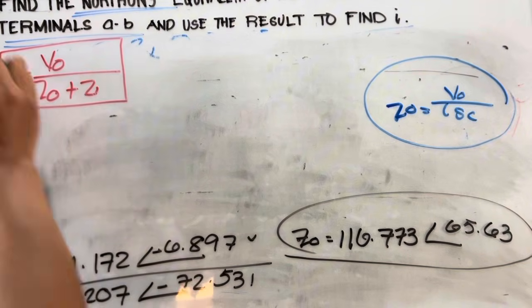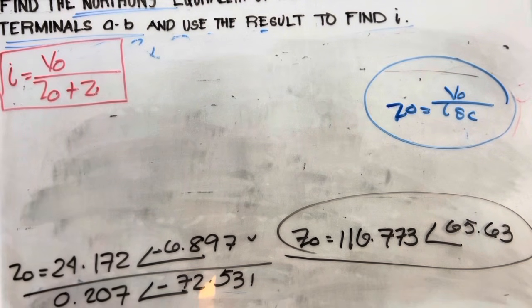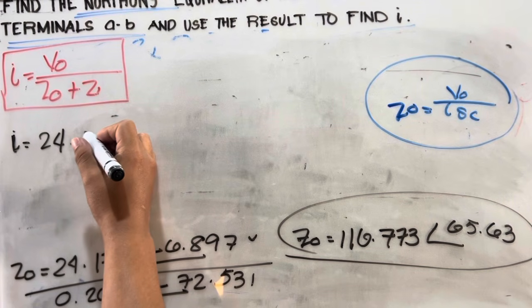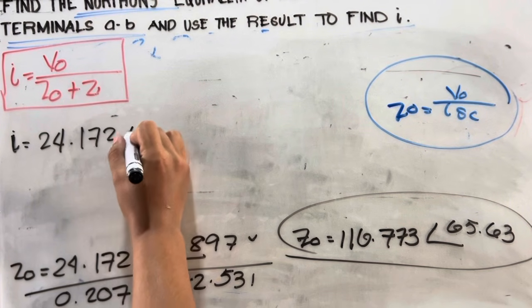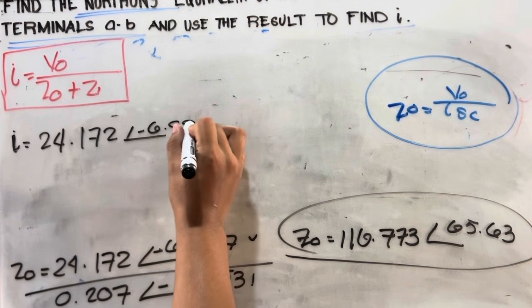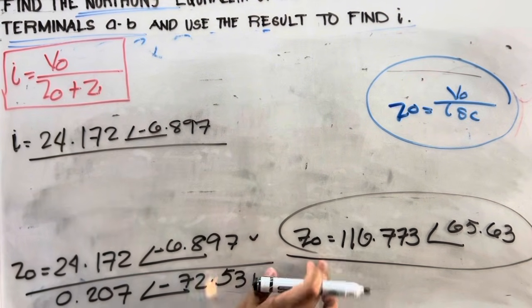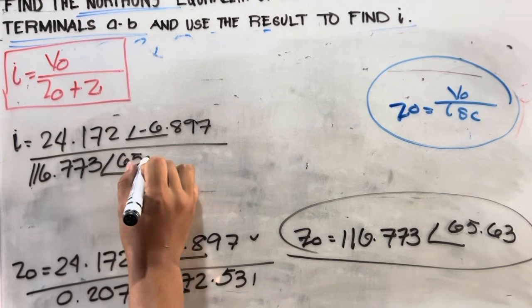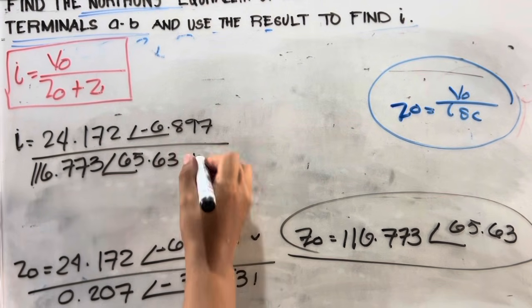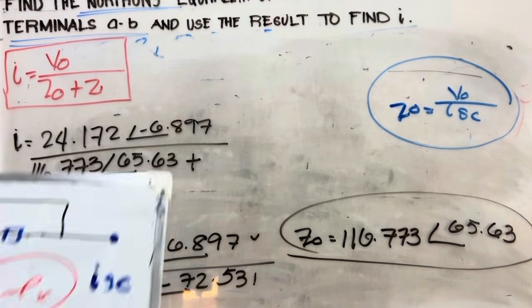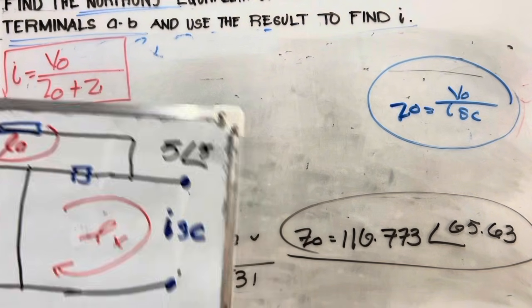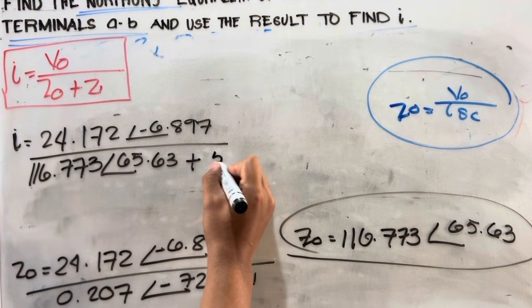So our I is equivalent to 24.172 angle of negative 6.897 all over this one, ZO is 116.773 angle of 65.63 plus our Z1, which is the one in our first drawing, 5 angle of 5, plus 5 angle of 5.